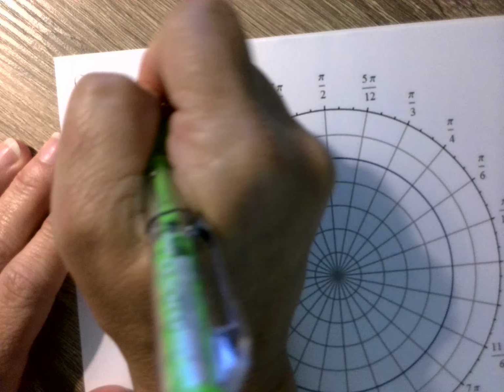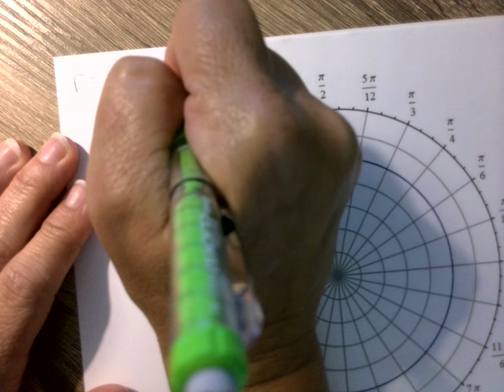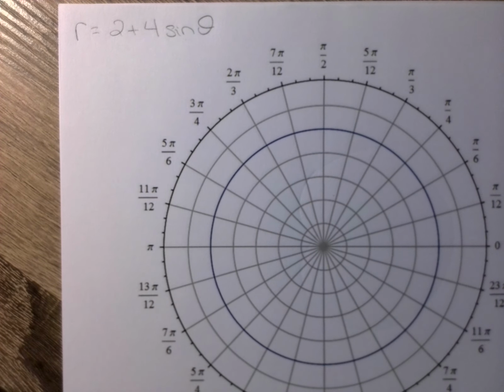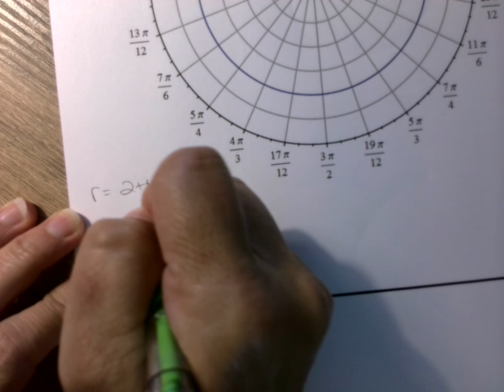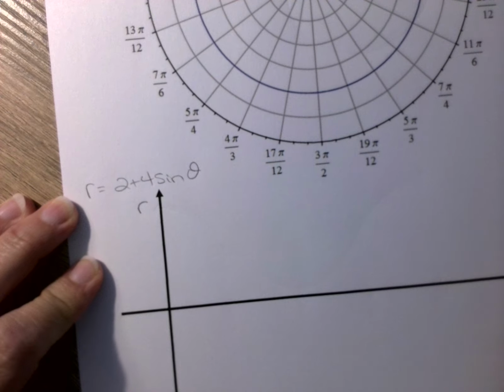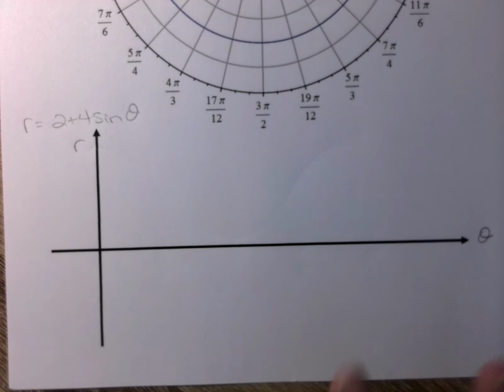Let's look at r equal to 2 plus 4 sine theta. r equal to 2 plus 4 sine theta. And again, I'm going to start out by graphing down here using the x-y as a theta-r axis, getting that rectangular looking graph that we're used to.